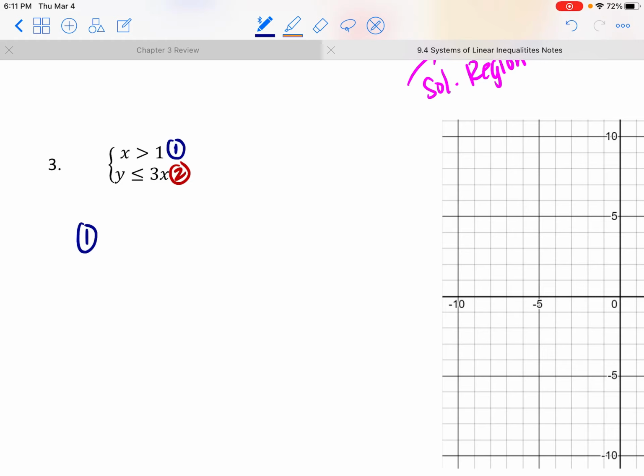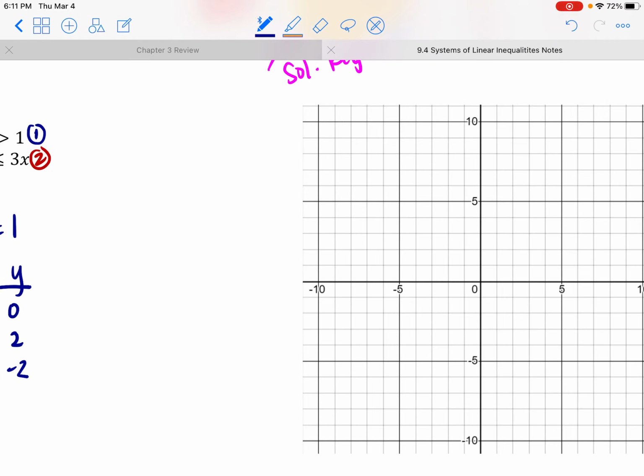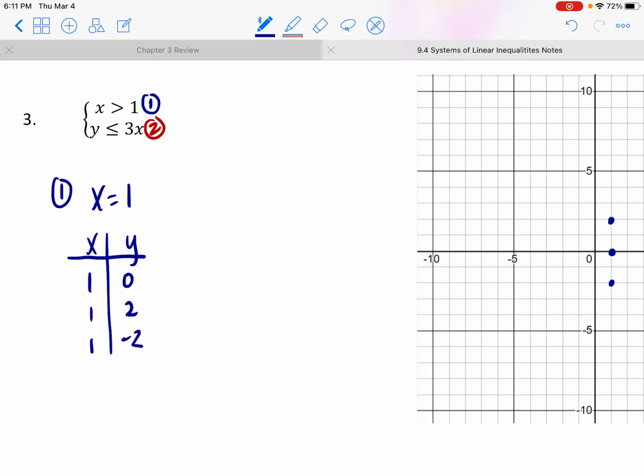So if this was an x equals 1, think about a table of values. X would equal 1 no matter what y is equal to. So this is going to be represented by a vertical line. So think about 1, 0 being a point, or 1, 2 being a point, or 1, -2 being a point.